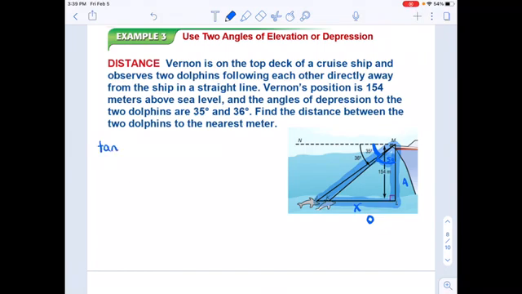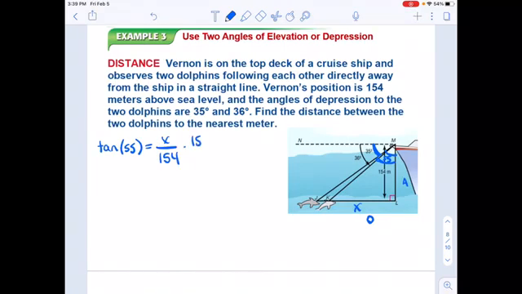So I'm using tangent. We're just doing tangent like crazy today. Tangent of 55 degrees is equal to opposite over adjacent. Go ahead and solve.